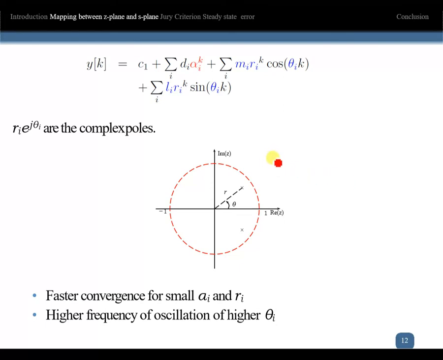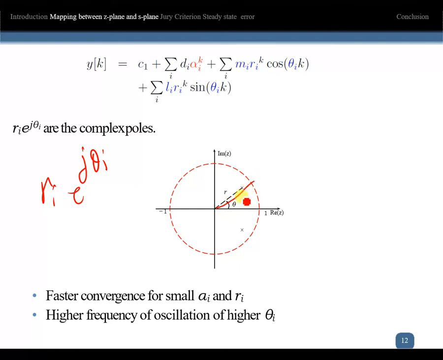But the area in the Z transform, you have the circle around the origin and the radius is 1. You can rewrite the complex number as r e^(j theta). r e^(j theta) will be in the Z domain.